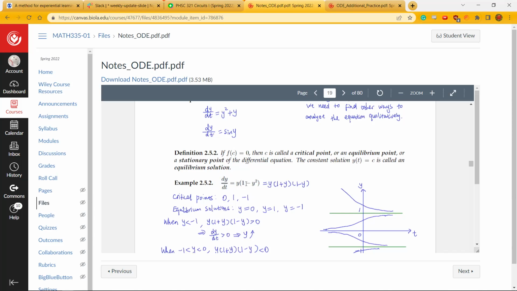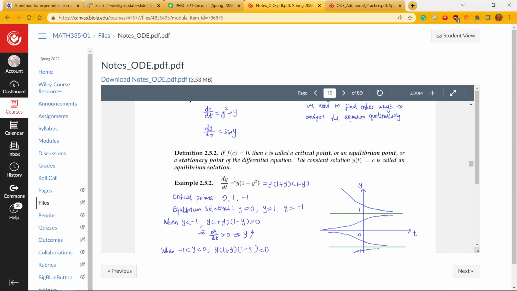Let's pick the critical point 1. That's this critical point right here. If we take a number greater than 1, let's say 1.5, as our initial value, y equals 1.5, let's plug it in here. This becomes a negative factor, and this becomes a positive factor, right? So this whole slope is negative.